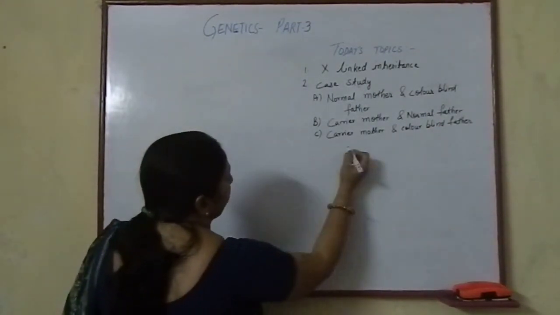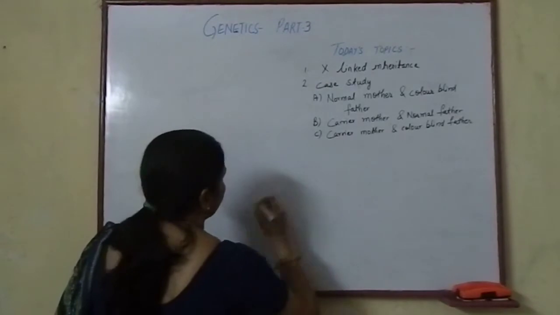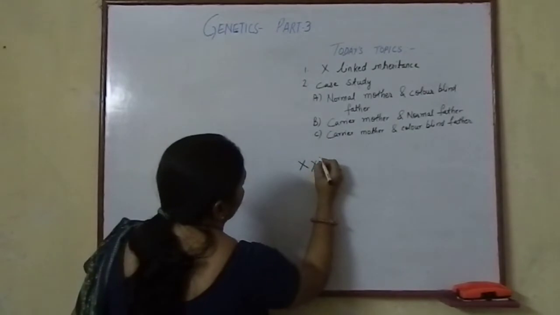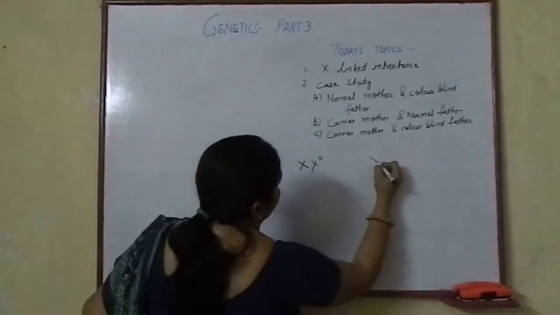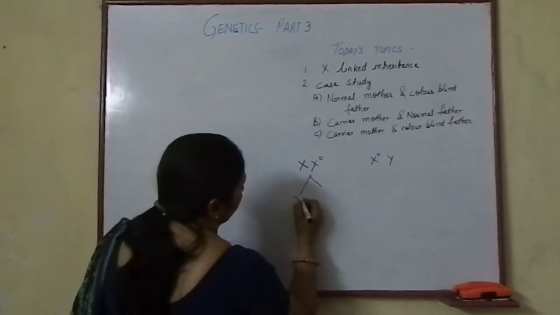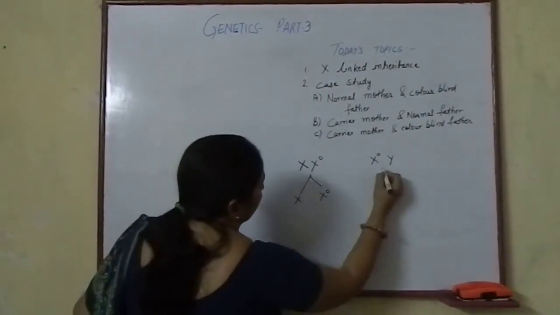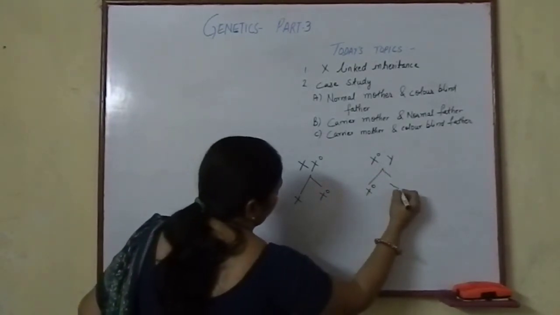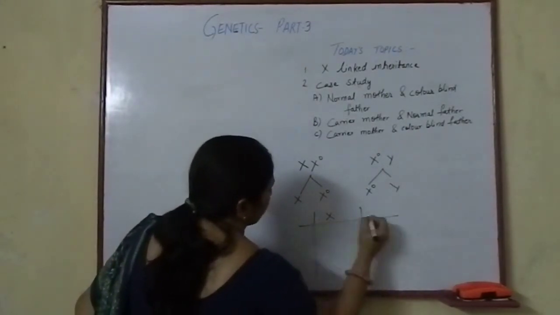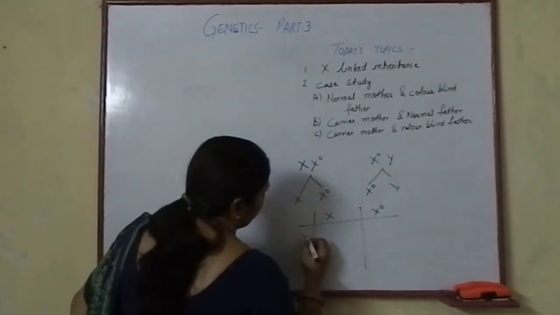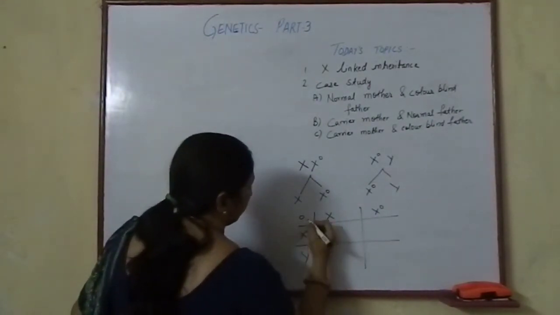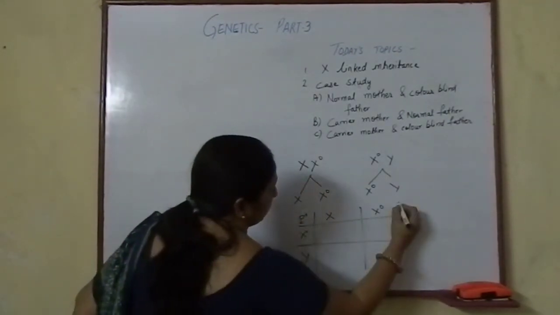The carrier mother we can represent as X, X naught, and the colorblind father as X naught Y. The gametes I am making for you: X and X naught, and Y. And the Punnett square you have to make with X, X naught, and Y. This is for the male, this is for the female.